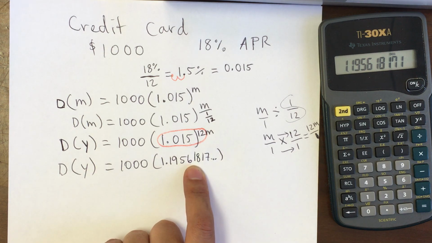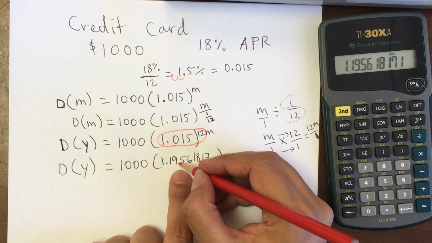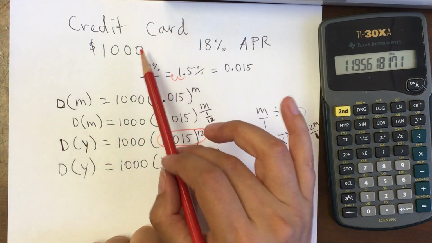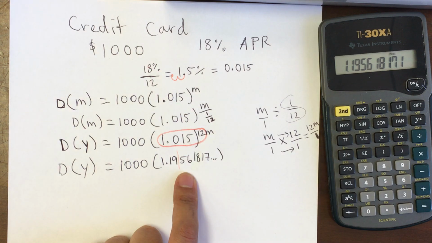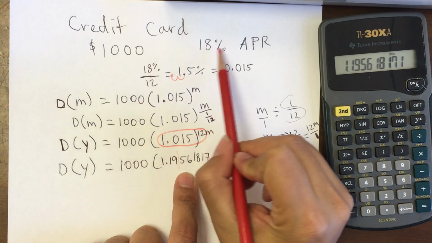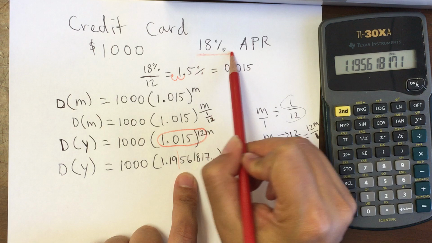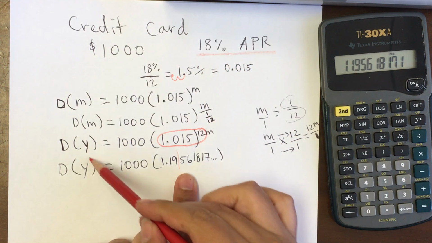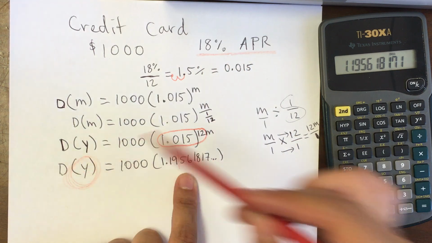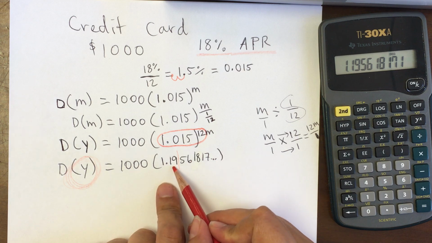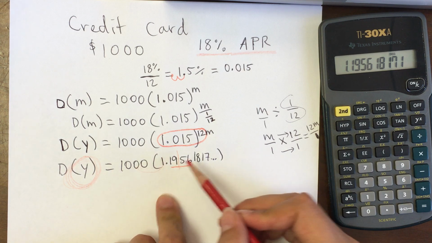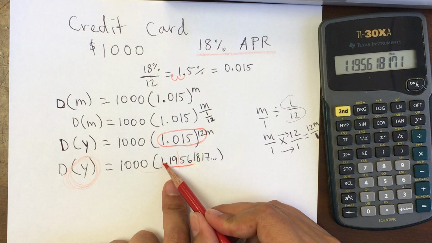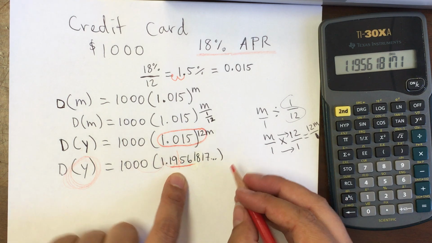But I want you to know, look at this. They told me in my paperwork when I was signing for this credit that I was going to be charged 18% annual. But my annual rate in reality is 19, because this is the 1,000, right? But this is the percent that I'm being charged.